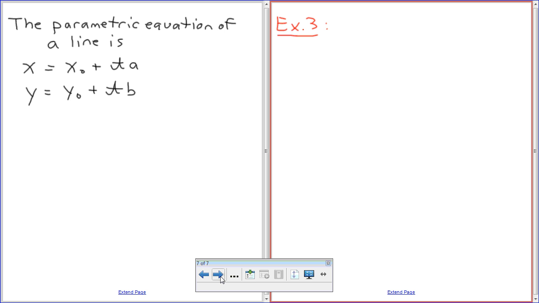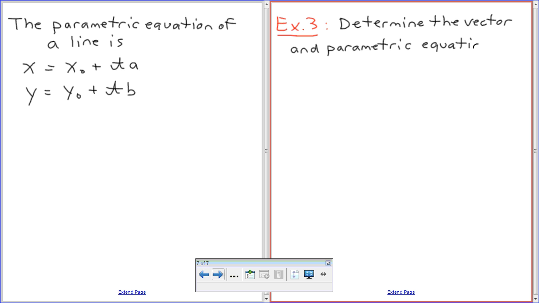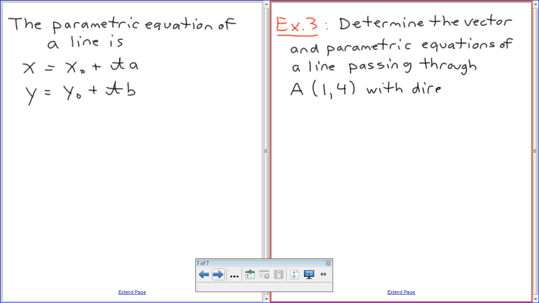Example 3 says, determine the vector and parametric equations of a line passing through A (1, 4) with direction vector M equals (-3, 3).